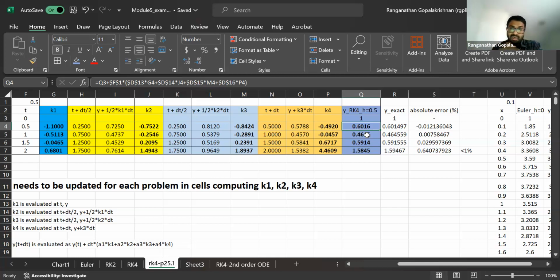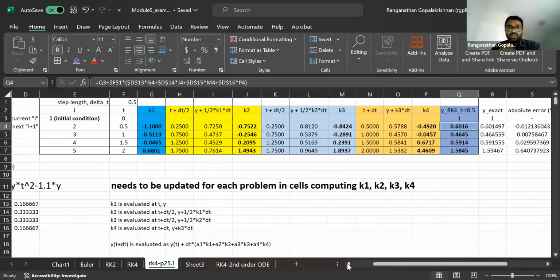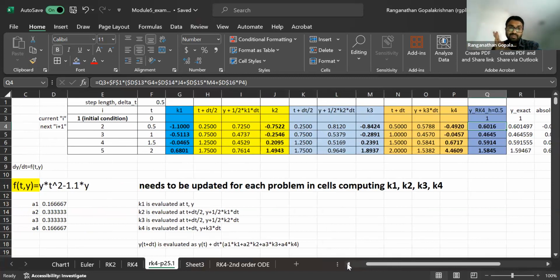Okay. Now, question for you. How will you adapt this sheet to solve another ODE problem different from this one? There are some aspects that will remain the same, some will change.